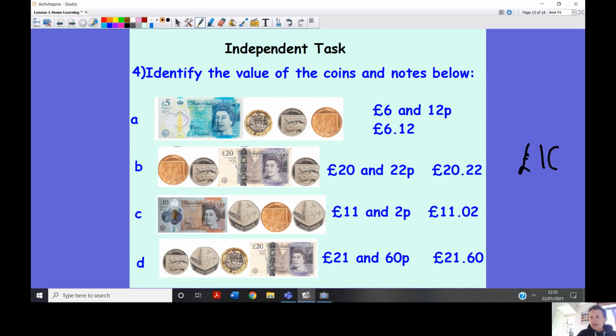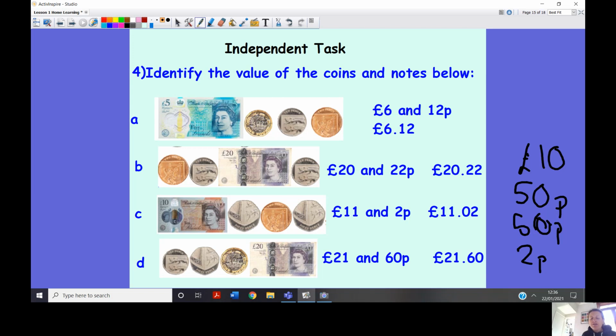Let's just write it here. £10, 50 pence and 50 pence, and obviously 2p. What is 50 add 50? 50 add 50 is equal to 100p. We know 100 pence is the same as £1. So we don't write £10 and 102p.